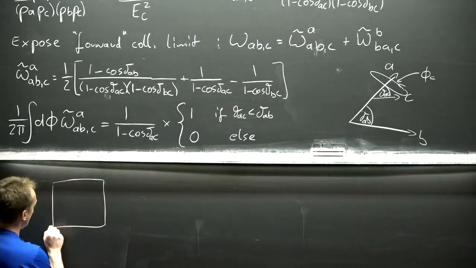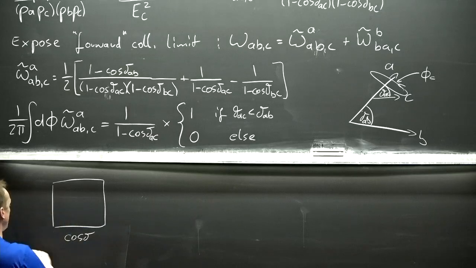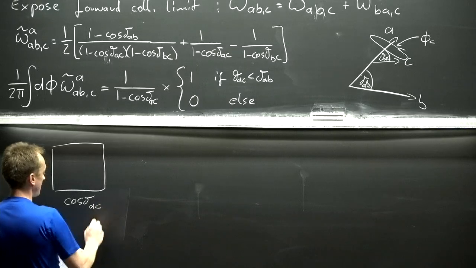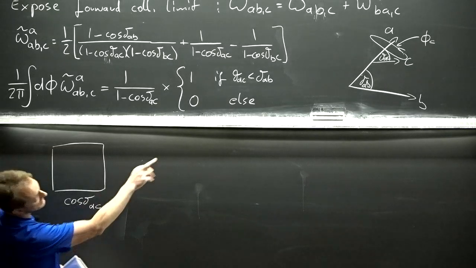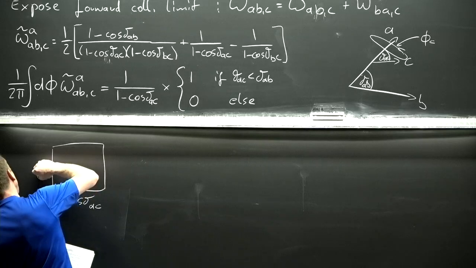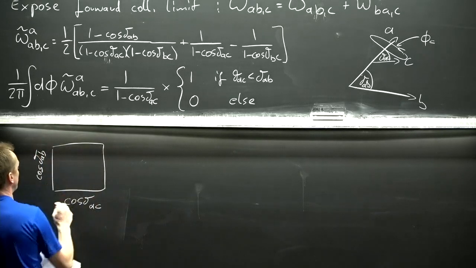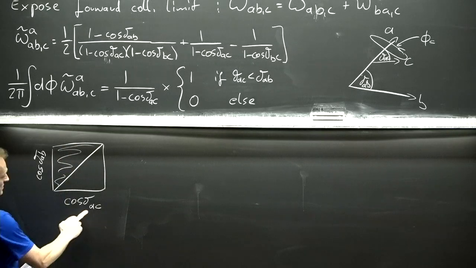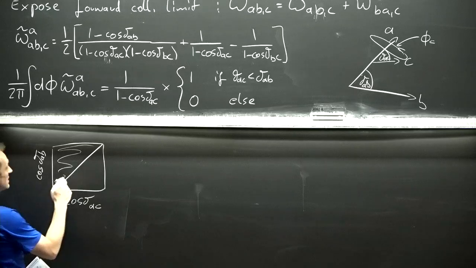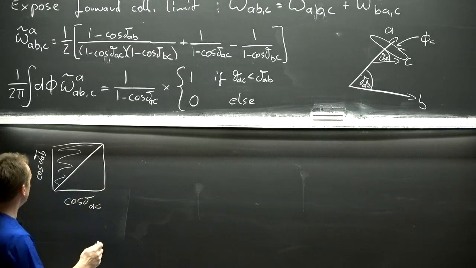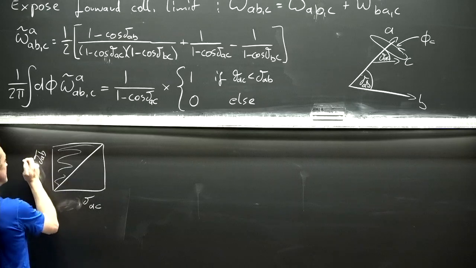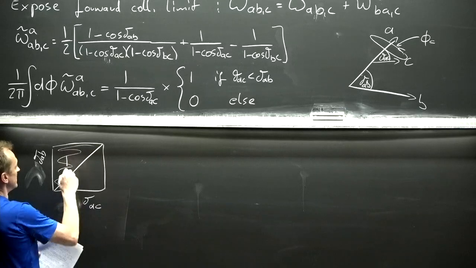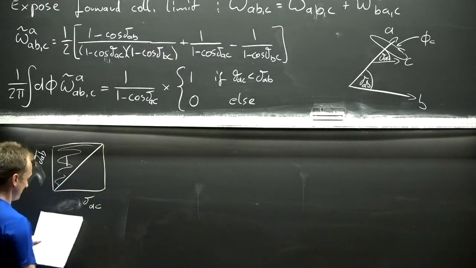So the normalized radiation pattern function in the plane where I have cos theta AC here, so the polar angle between the emitter and the emission, versus cos theta AB, then the angular ordered region is up here. Okay? Theta AC has to be less than theta AB, basically. Oh, sorry, theta, not cos theta, whatever. So this is the angle. But it doesn't matter so much. So the angular ordered region is up here, and I get this 1, okay?